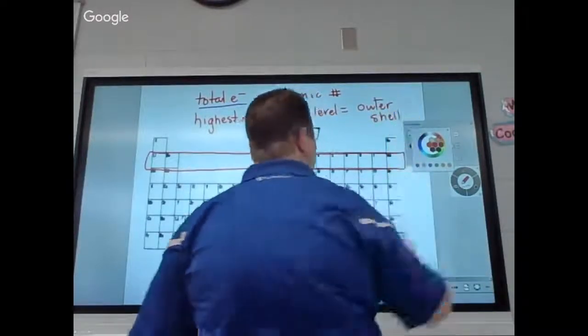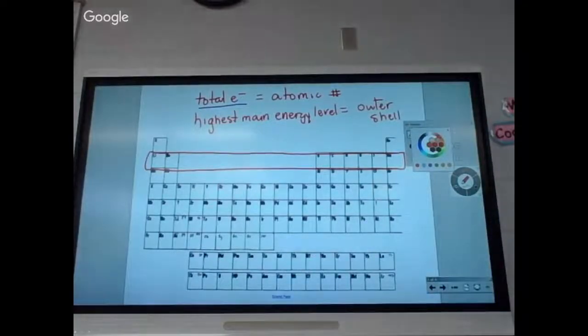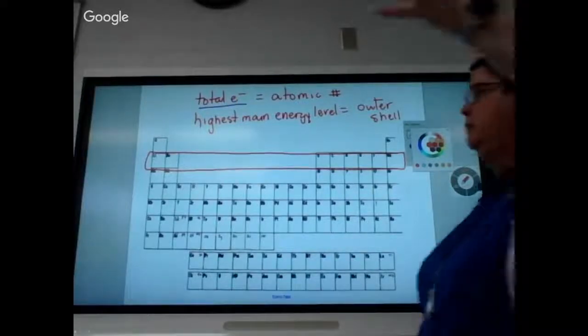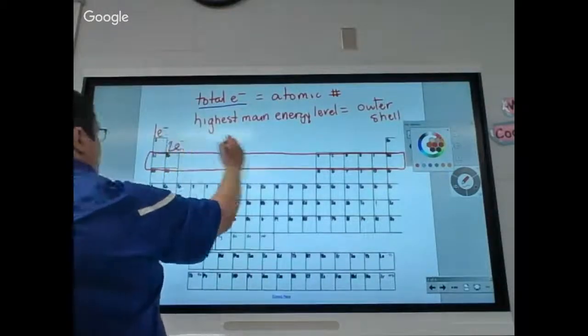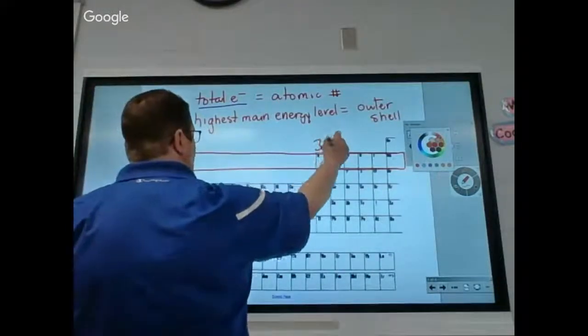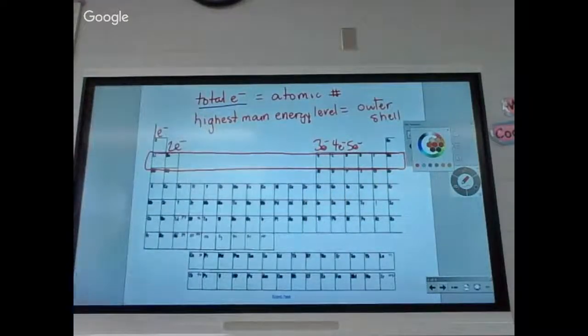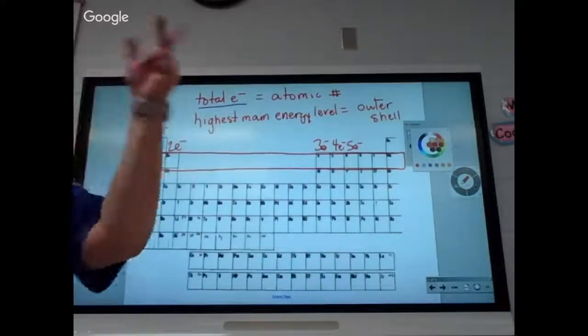So that means outer shell. This time it said 5 in the highest main energy level, so it wants 5 in the outer shell, right? So, you guys know to say 1, 2, 3, 4, 5. So, who has 5 in the outer shell? Nitrogen. Do you see the difference in the wording?